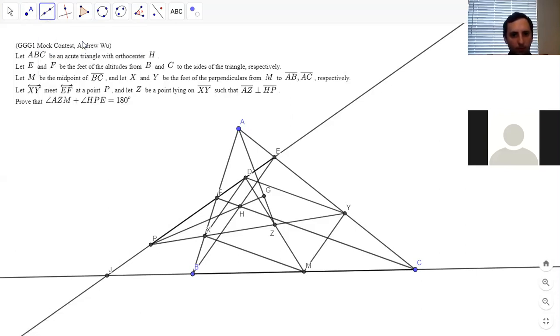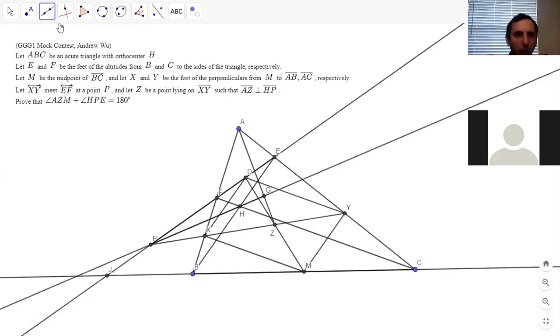So what if, so we want to show JHP, angle JHP is angle MAZ.